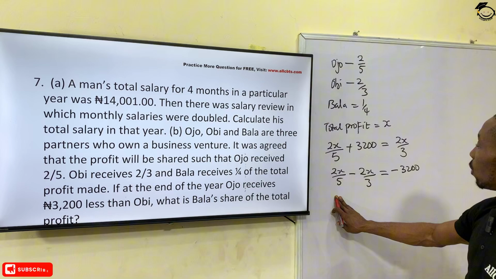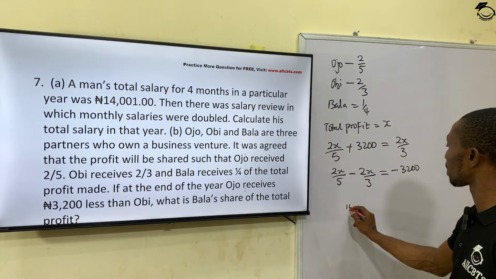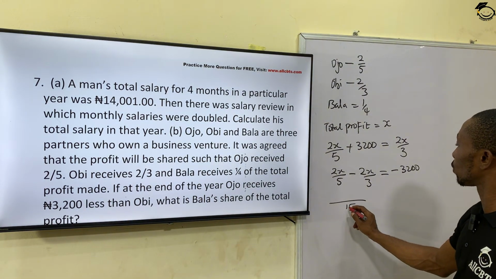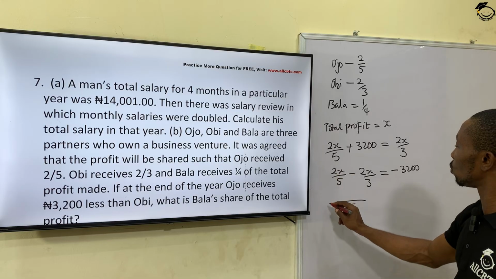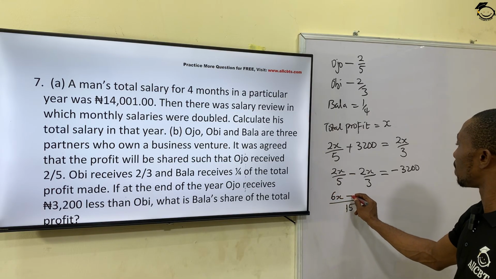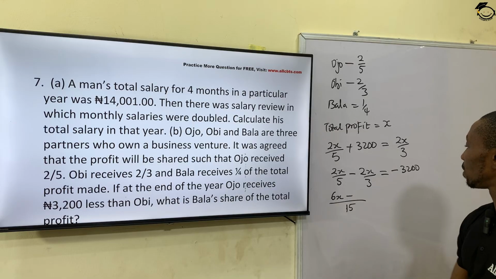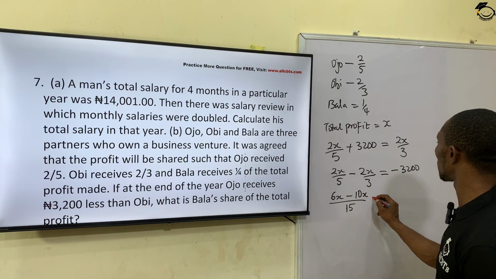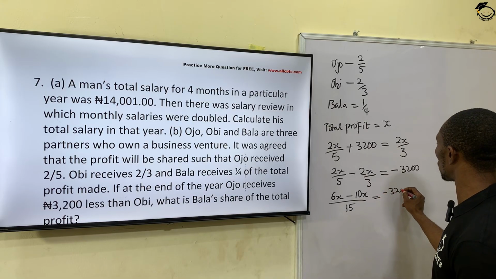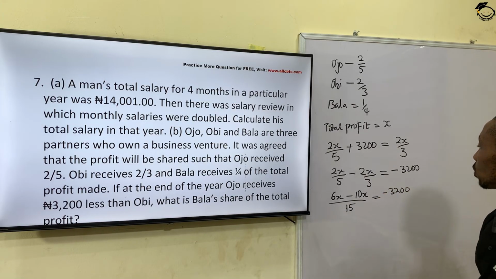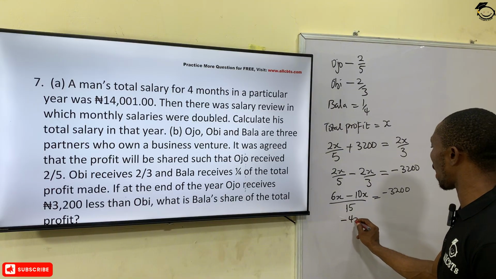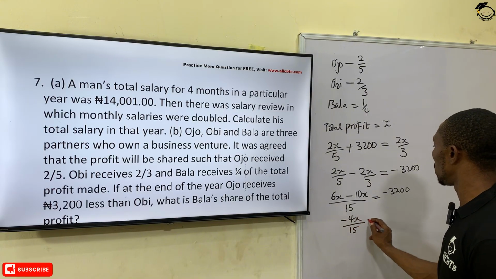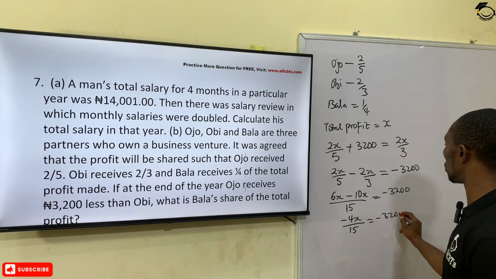Our LCM here will become 15. 5 into 15 is 3, 3 times 2 gives 6x, minus 3 into 15 is 5, 5 times 2 gives 10x. So here we have minus 4x over 15 equals minus 3,200.